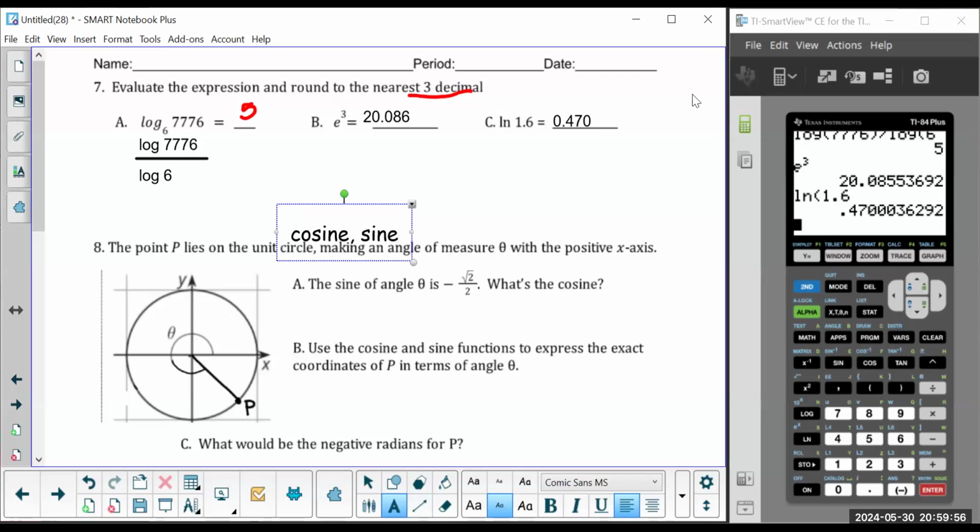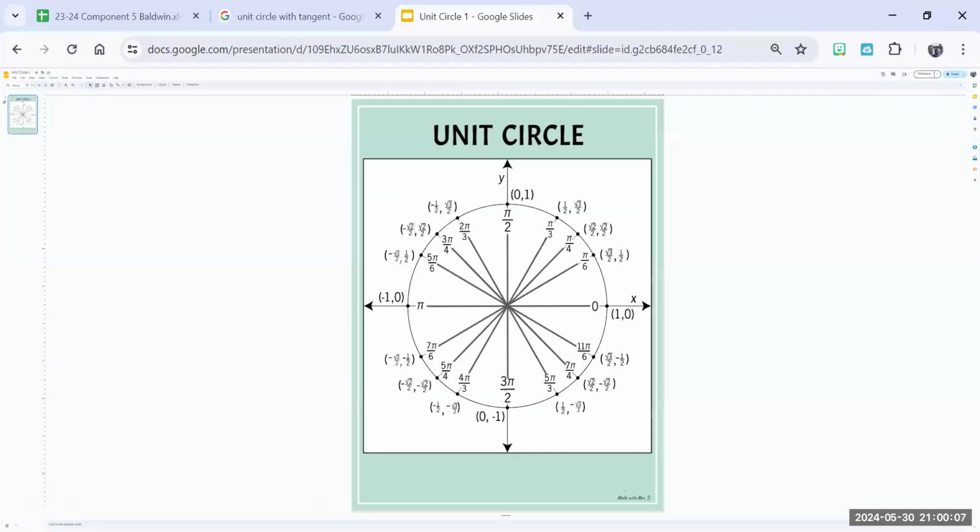So when we do that, we need to pull up our unit circle. So here's my unit circle, the square root of 2 divided by 2 over here, where the sine is negative is right here, where it's 7 pi over 4. And the cosine of that is positive square root of 2 over 2. So it's 7 pi over 4.